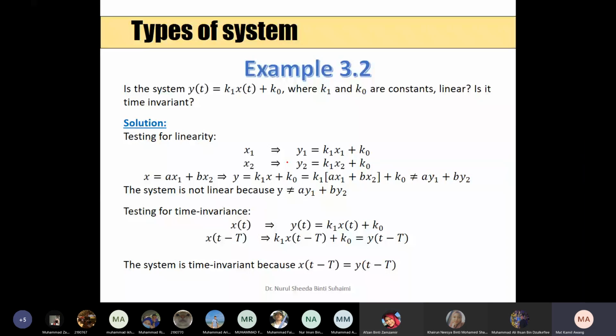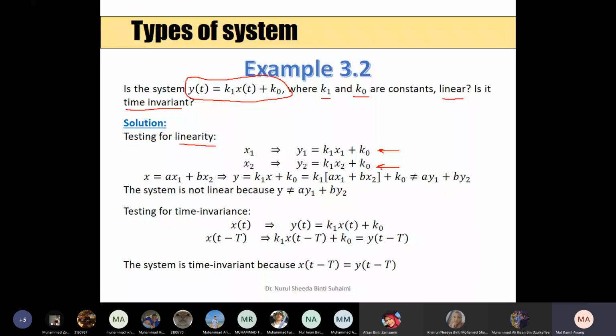Example number 2. If you have this system, y of t is equal to k1 x of t plus k naught, where k1 and k naught are constants. Is the system linear and also time invariant? So you want to test the linearity. Take this x1, you have this output, and another signal x2, similar function.